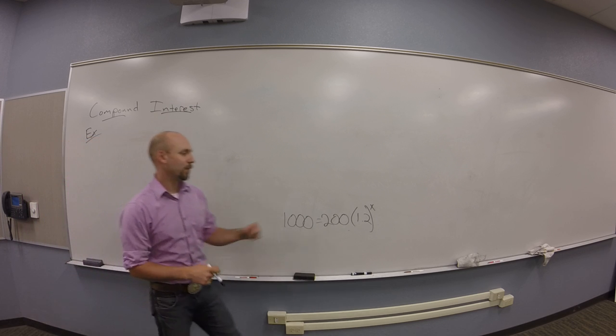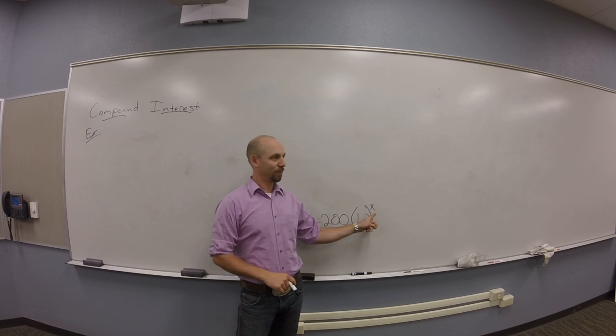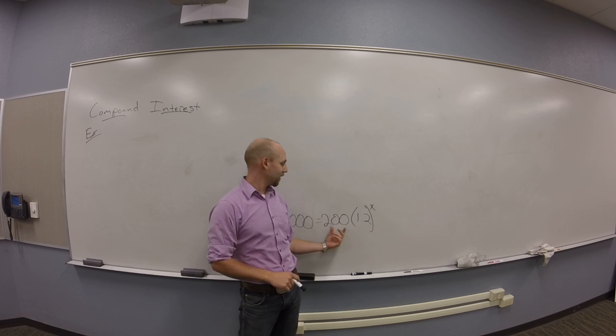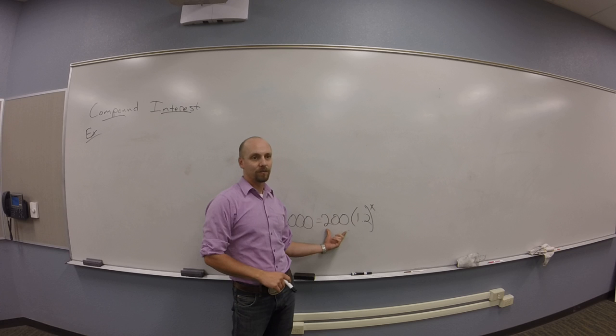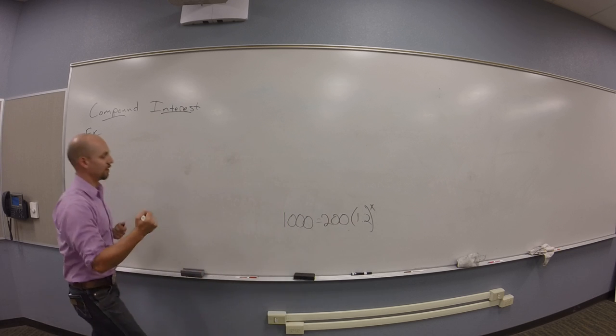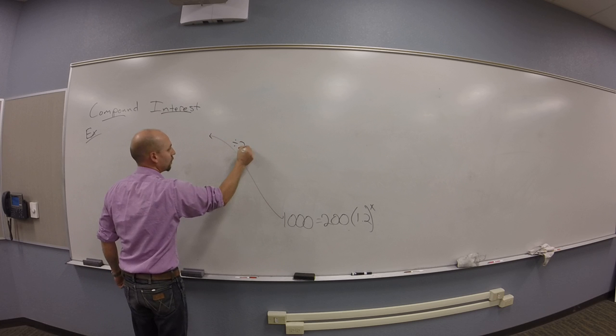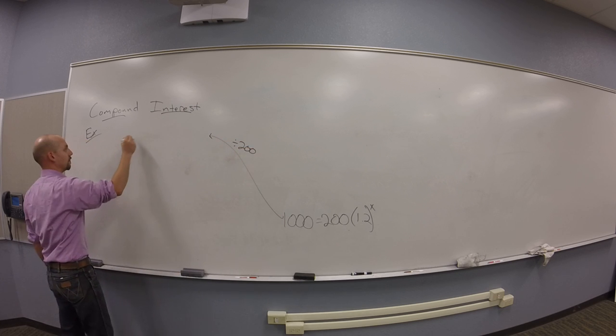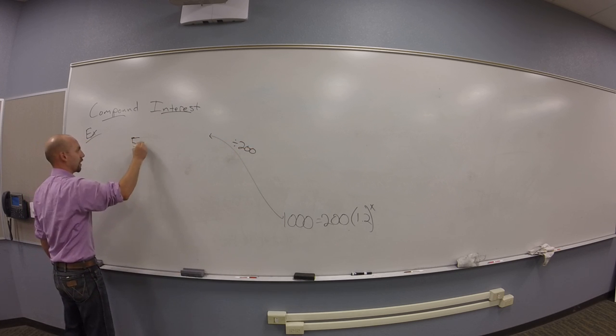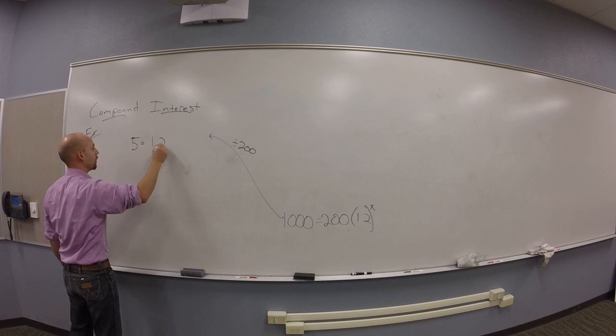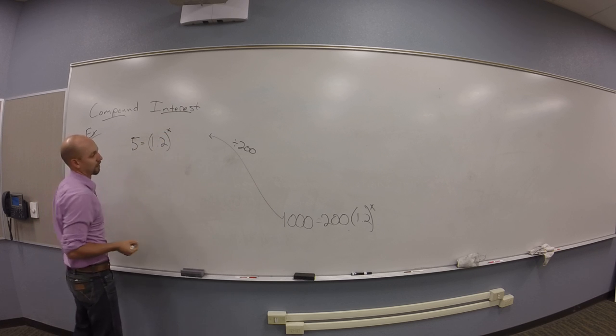What you want is a plain number to a power, so you want to isolate your x. I'm going to divide by the 200 here. So that's my first step, and you get 5 equals 1.2 raised to the x.